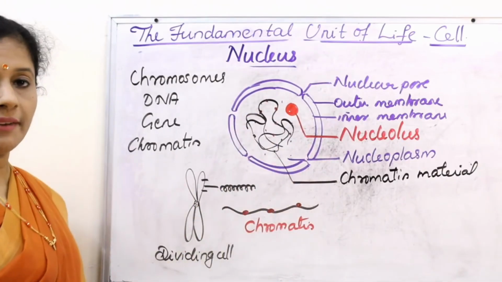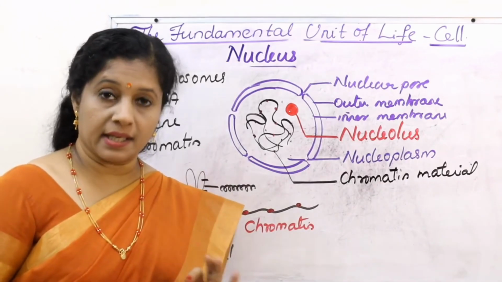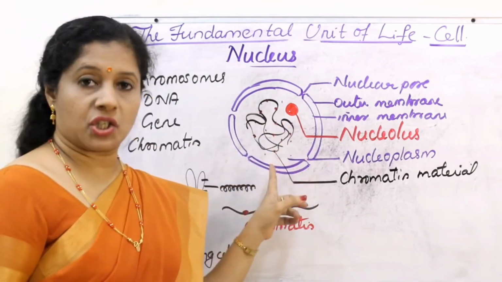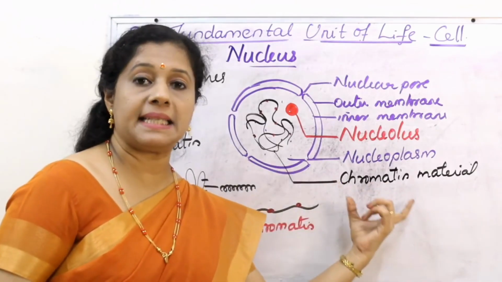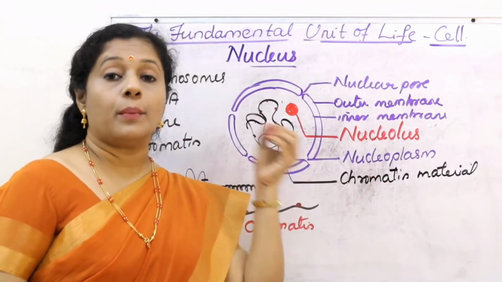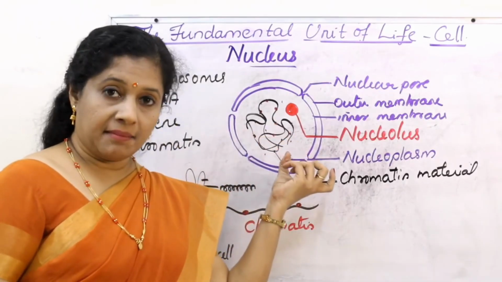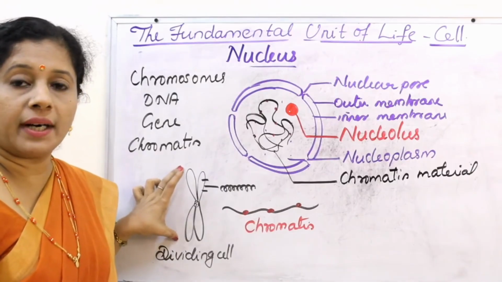Okay, so when the cell is not dividing, if you look at the nucleus under a microscope, you will see a thread-like structure. That thread-like structure is called a chromatin material. And when the cell is dividing, what happens? The chromatin material will coil to form a rod-shaped structure called a chromosome.